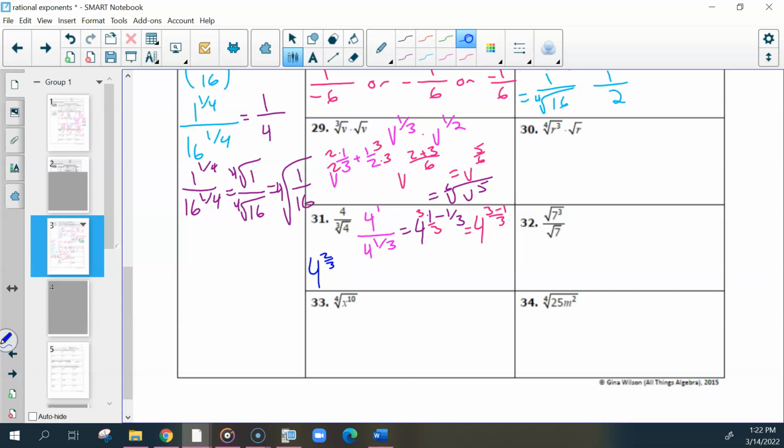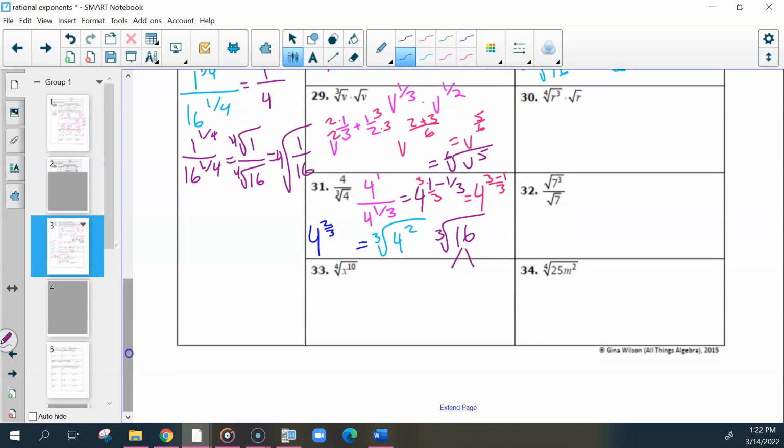Then you could go ahead and start writing that in radical form. Then the cube root of 4 squared. Again, like I said, 4 squared could not be simplified with the cube root, but I can make 4 squared 16. Now that doesn't really help us either, but we can break that down.